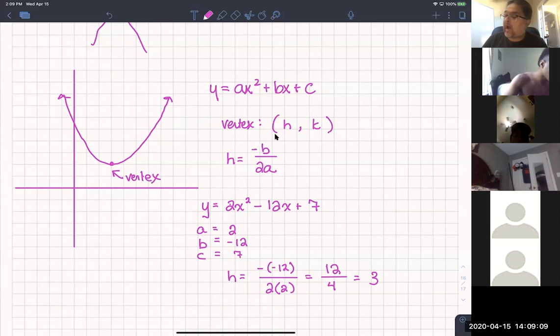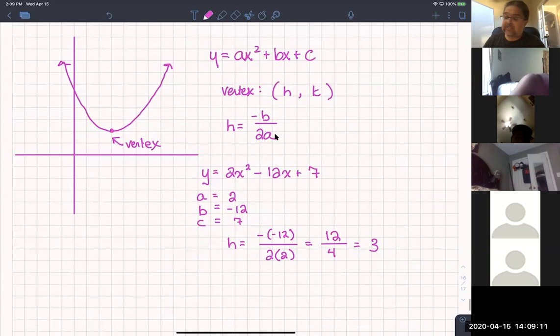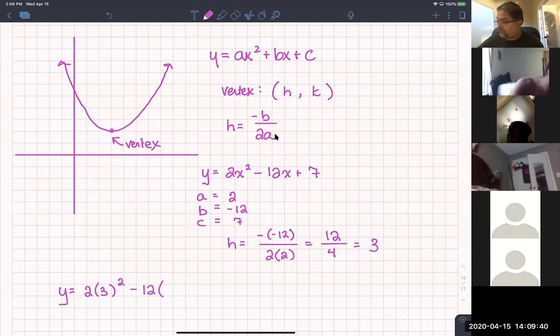Okay, now to find the y coordinate of the vertex, because remember it's a point, it has an x coordinate and a y coordinate. Whatever I found h to be, in this case 3, I plug the x back into the original equation and solve.